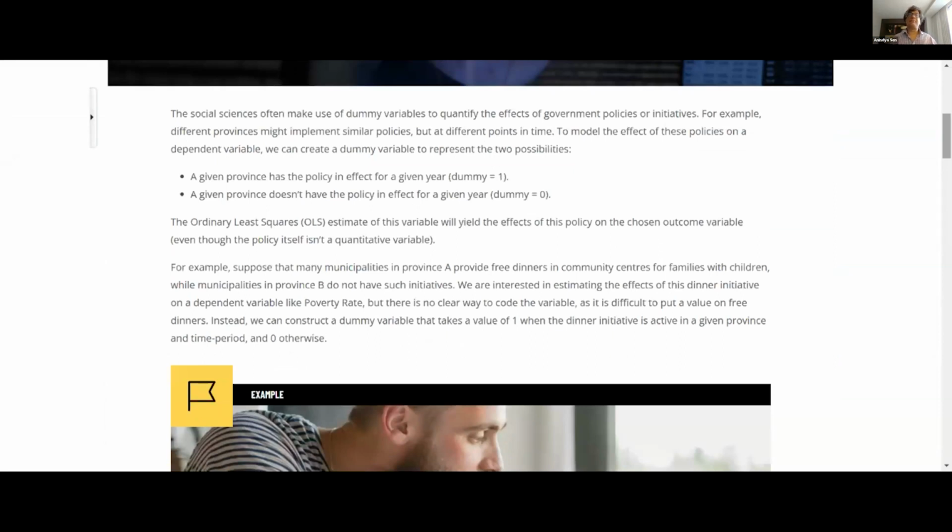So I'll give you an example. Think about allowing not physicians, but pharmacists to give vaccines, right? How would you quantify that?